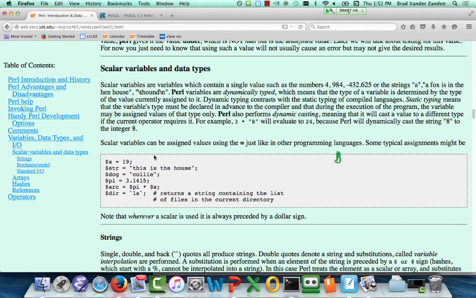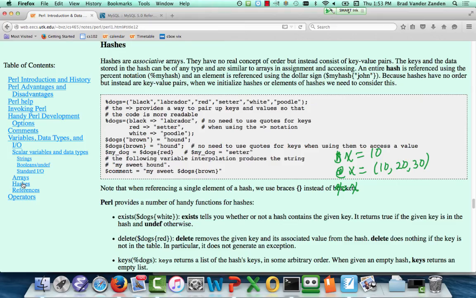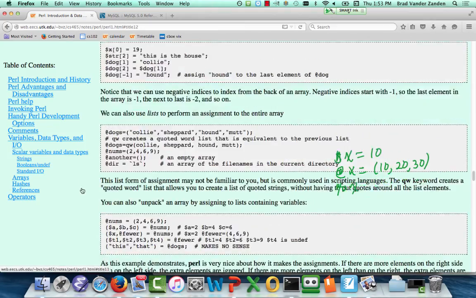It's annoying because you can create $x equals 10, @x equals, say, 10, 20, 30, and %x, is that right? Am I getting the hash table right? Yeah, I got it right.